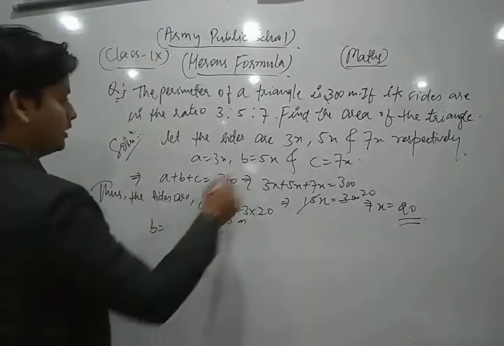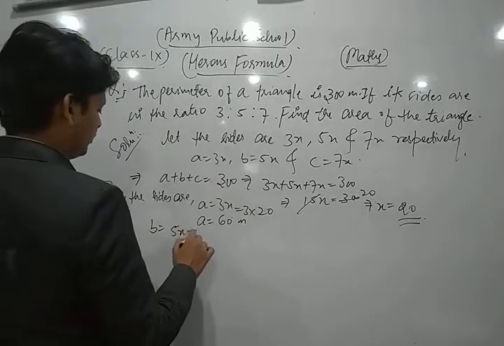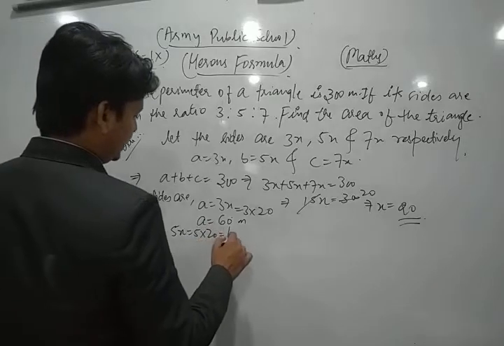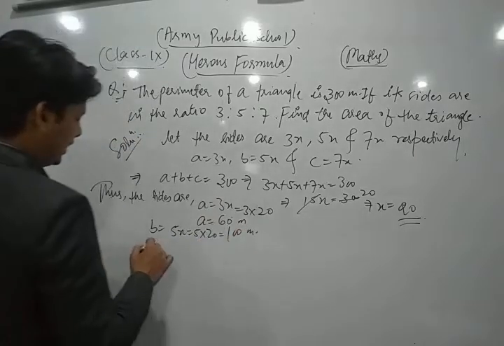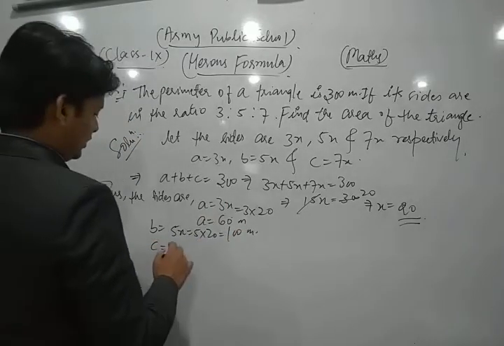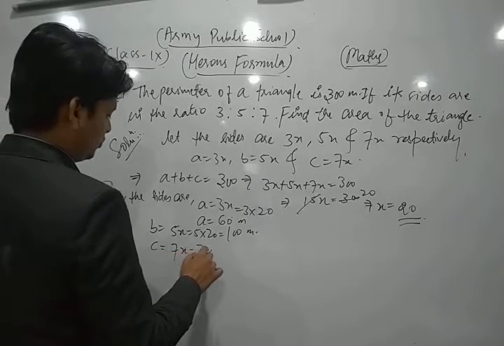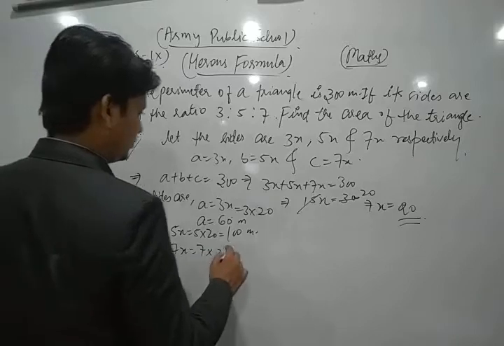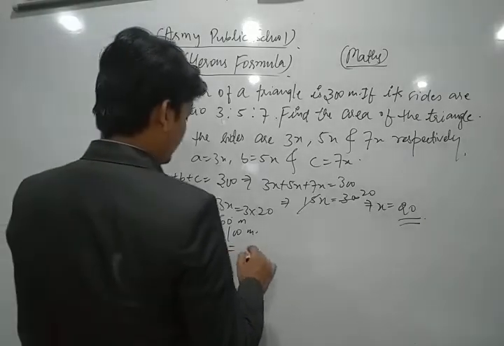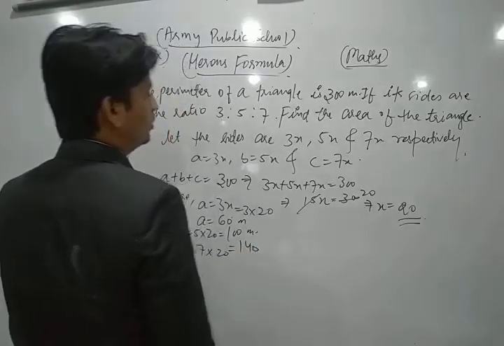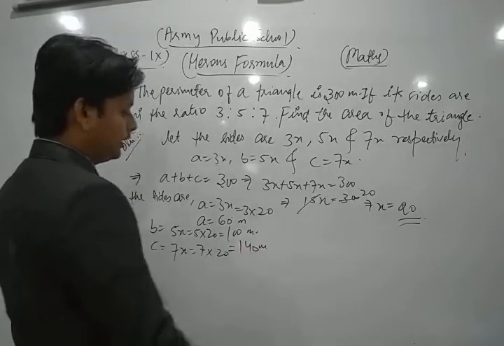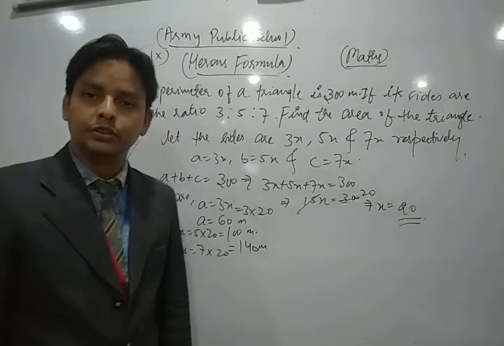Side B we took as 5x, so 5 into 20 is 100 meter. And side C is 7x, that is 7 into 20, which is 140 meter.